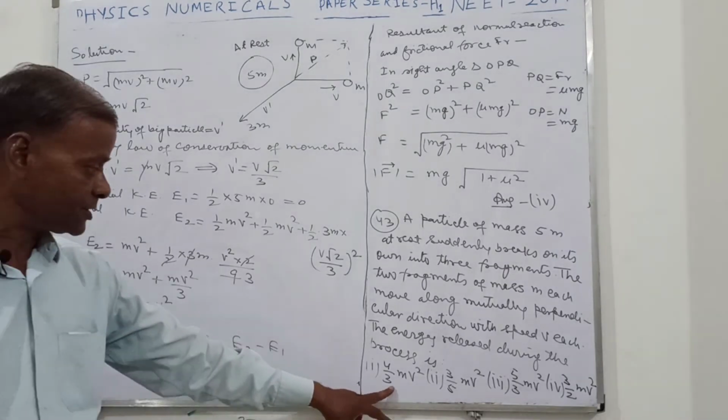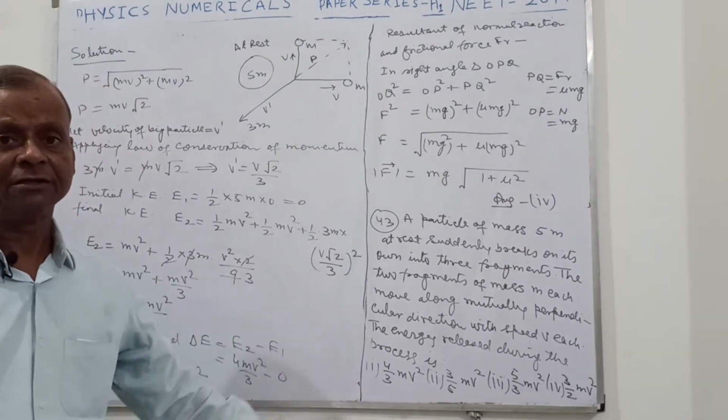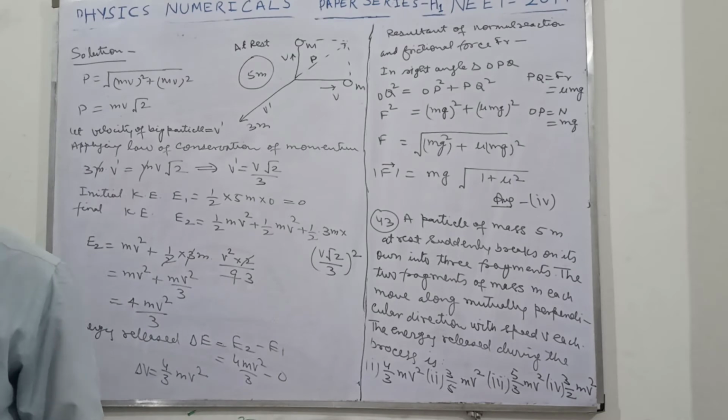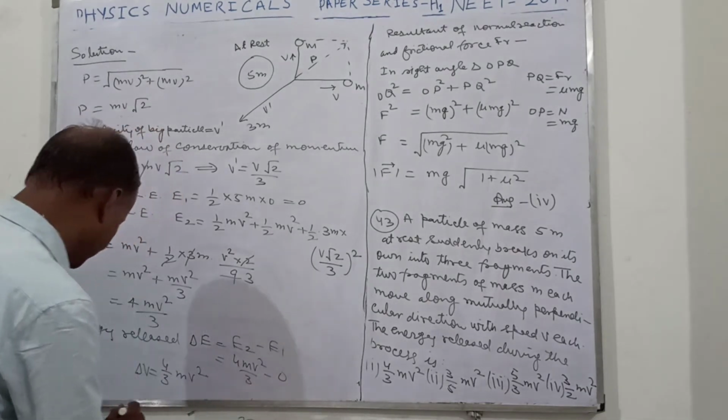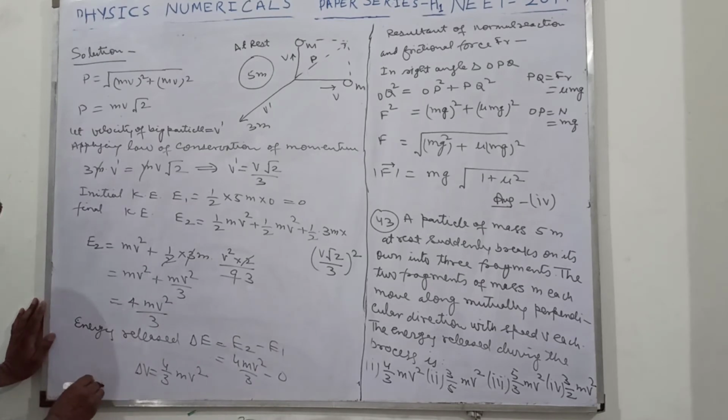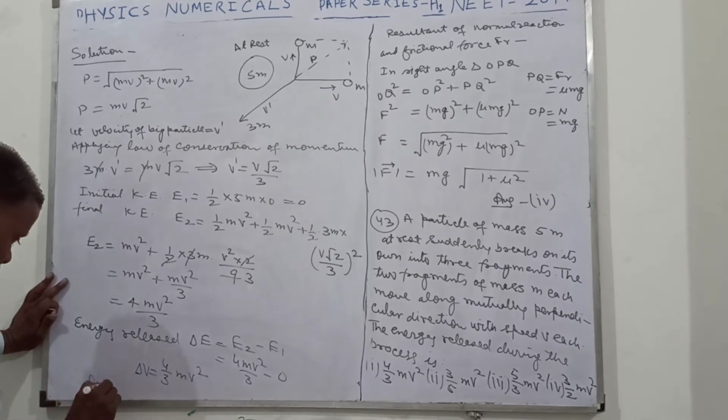So our right option is 4 by 3 mv square, the first option.